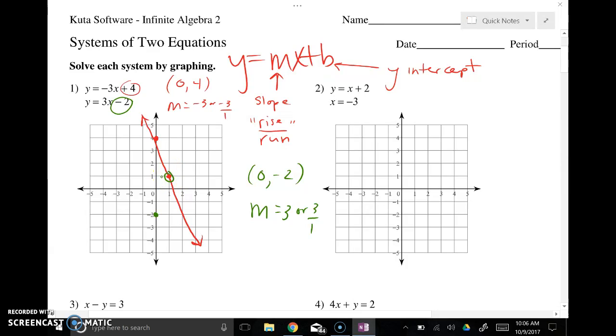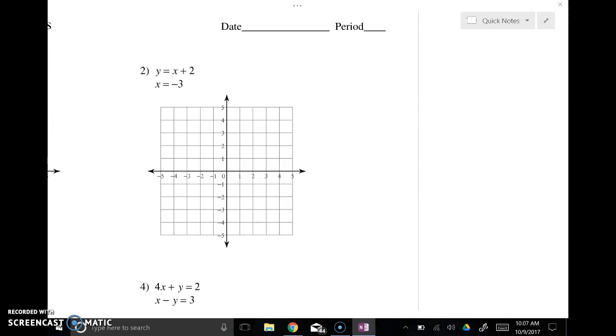Well, that's right there. So that is where the two lines are going to cross. That one point is what the two lines have in common, and thus will be the solution to the system. So the solution to this system will be indeed (1, 1).